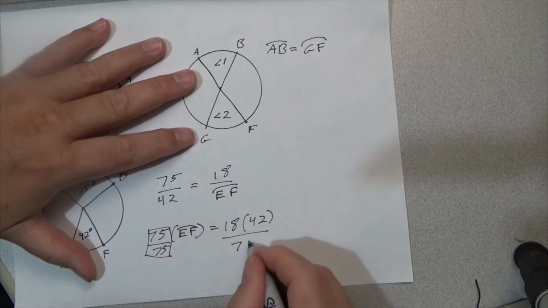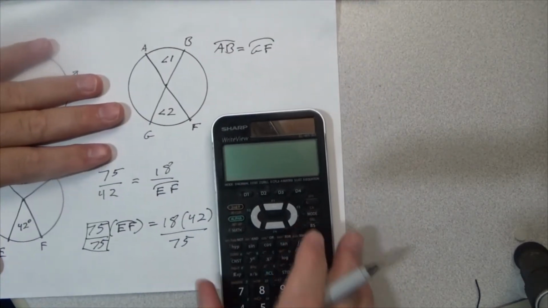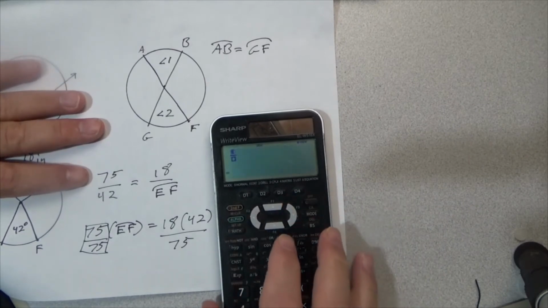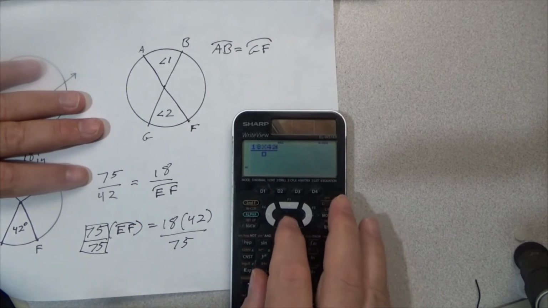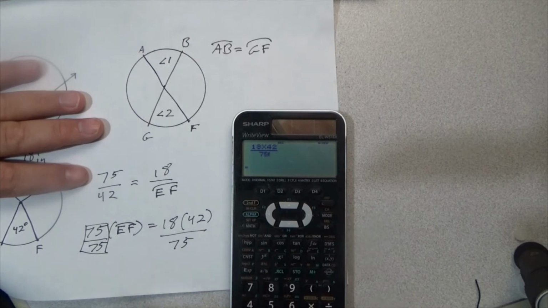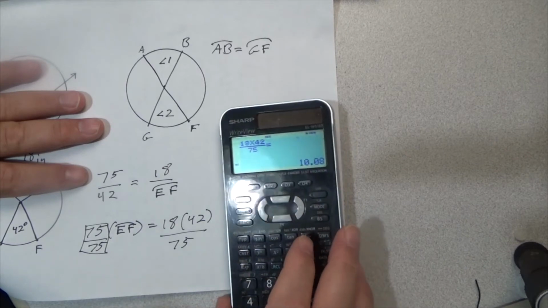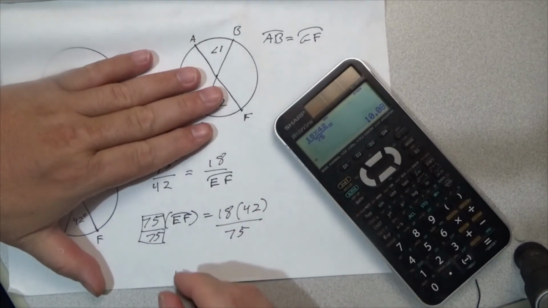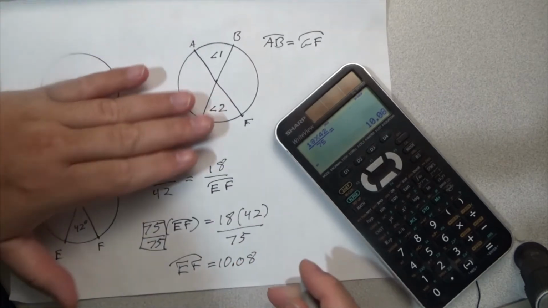We divide this by 75. So in the calculator, fraction bar, 18 times 42 in the numerator, 75 in the denominator, and that is equal to 10.08. So EF is equal to 10.08.